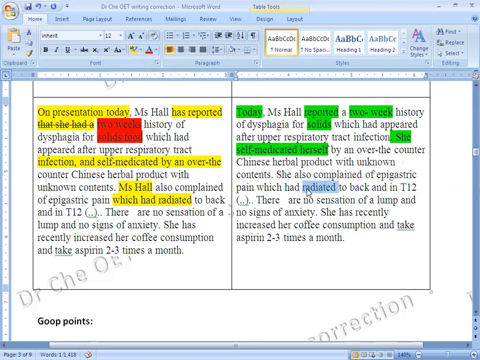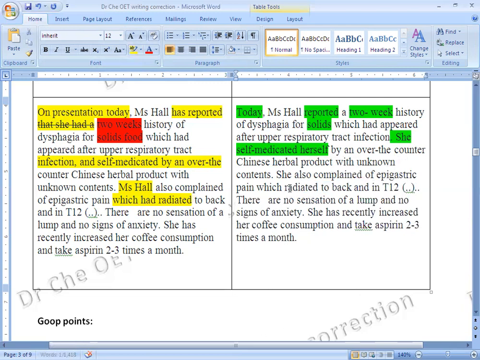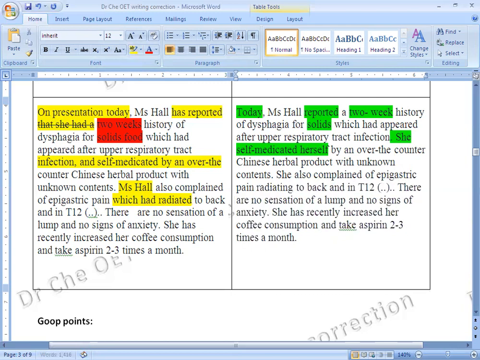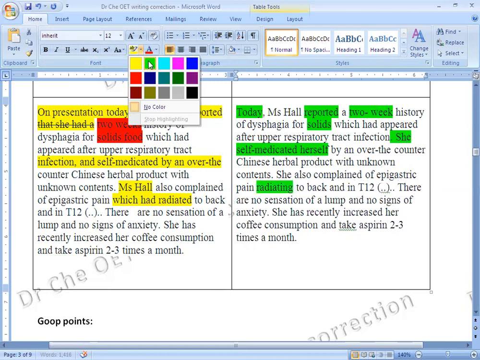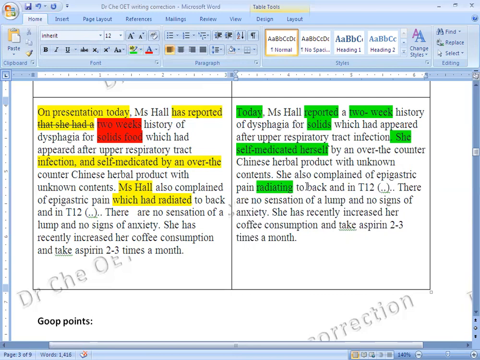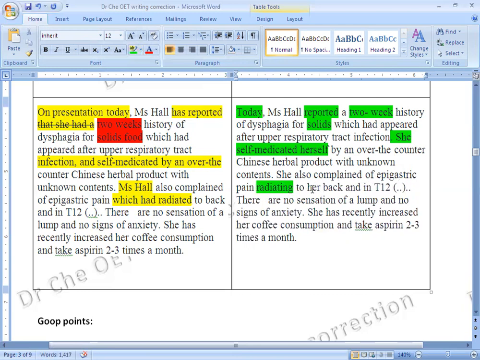But overall, this student is making things a bit difficult to understand. Instead of which radiated, we can simply say: she also complained of epigastric pain radiating to. Okay, this one is much better. Radiating to her back. With parts of the body we should use his, her, or the.